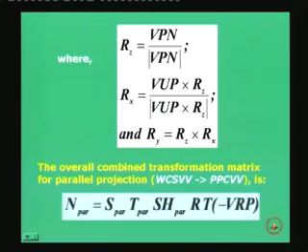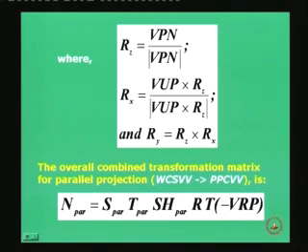Remember, there were 5 different transformation matrices required for the overall combined normalized transformation matrix for parallel projection. I have put in brackets WCSVB to be projected to PPCVB. I will explain what these terminologies mean.